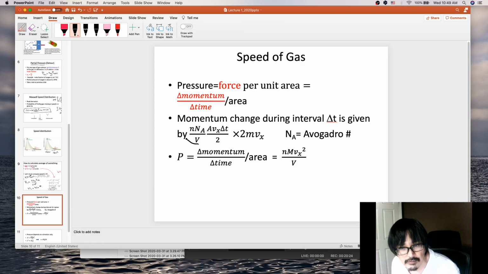The first term right here, that's the density. So n times the Avogadro number is just the number of molecules, right? Divided by volume is going to give you the number densities. So the first term right here is the number density.